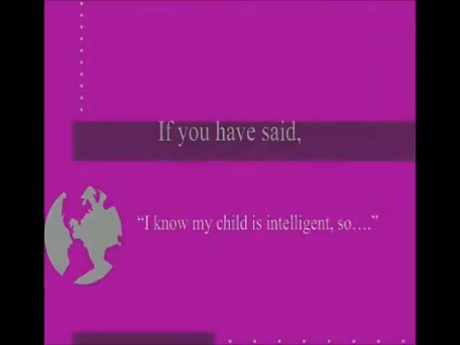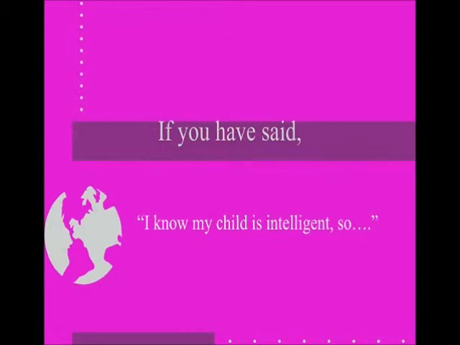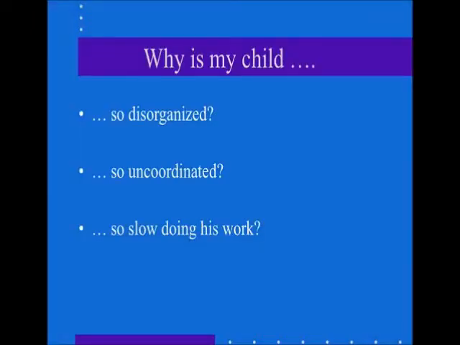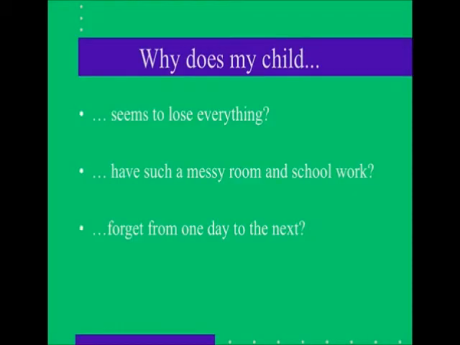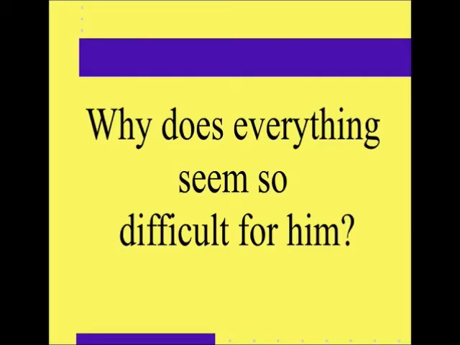If you've said, I know my child is intelligent, so why is he so disorganized, so uncoordinated, so slow doing his work? Why does my child seem to lose everything, have such a messy room and schoolwork, forget from one day to the next? Why does everything seem so difficult for him?